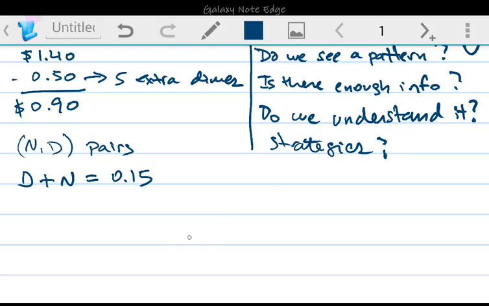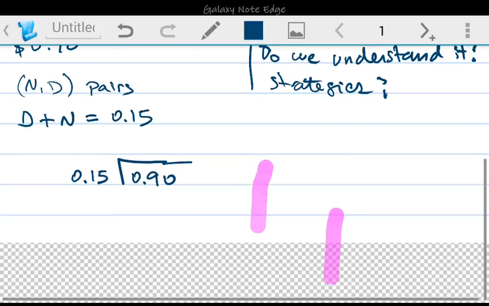So the best way to figure that out would be to divide the remainder amount of money, which is 90 cents, by 1 dime and nickel pair.